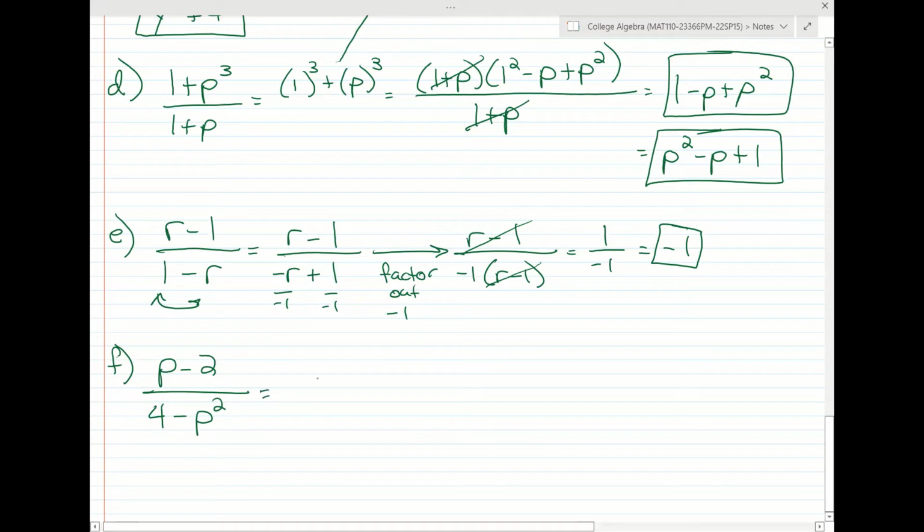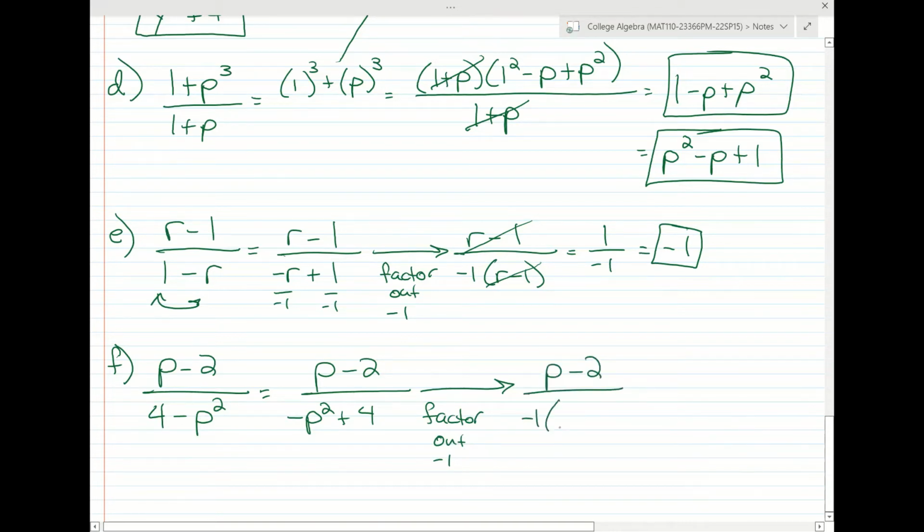So what I'm going to do is I'll leave the top alone, p minus 2. The bottom I'm going to write negative p squared plus 4, and then factor out the negative 1. This would be p minus 2 over negative 1 times p squared minus 4.